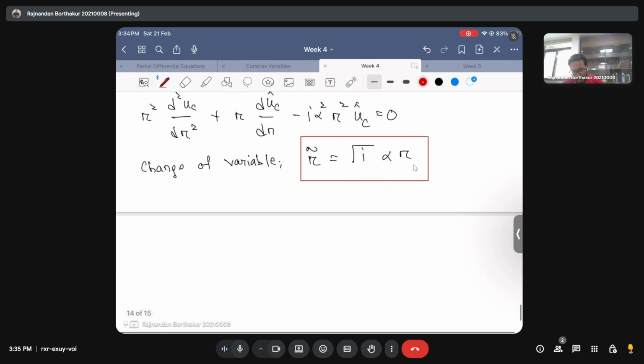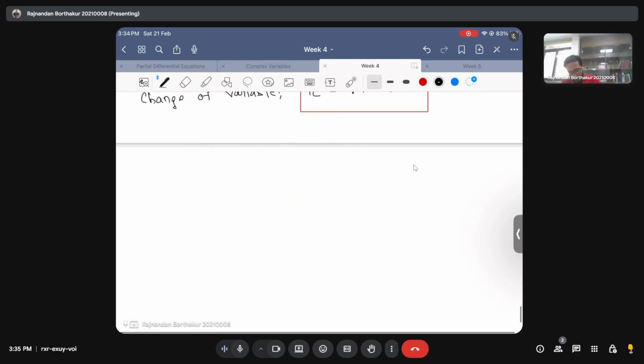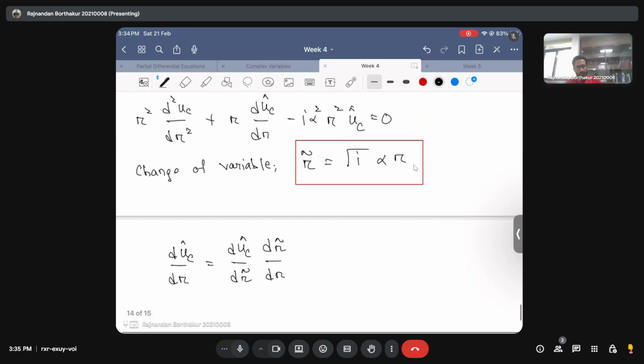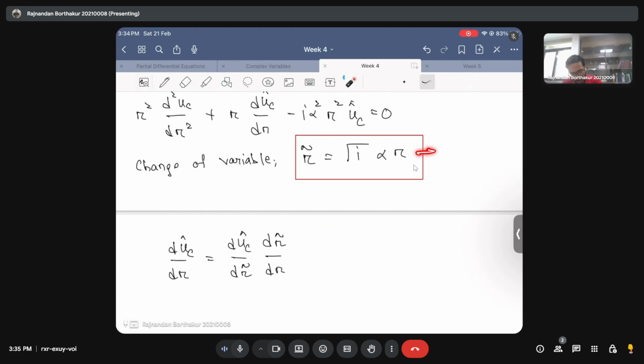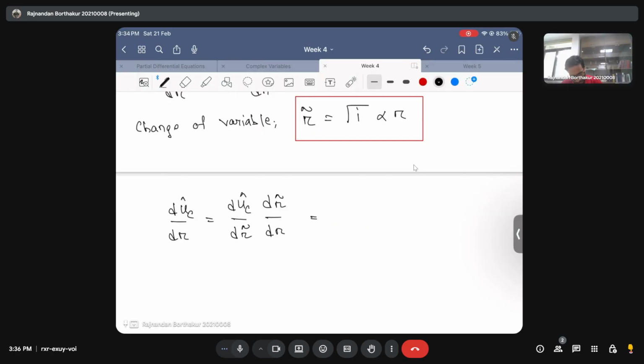So let's first apply this to the derivatives. Then d u_c hat by dr is equal to d u_c hat by dr tilde times dr tilde by dr. That's simple chain rule. From this equation, dr tilde by dr is just going to be alpha times root i.